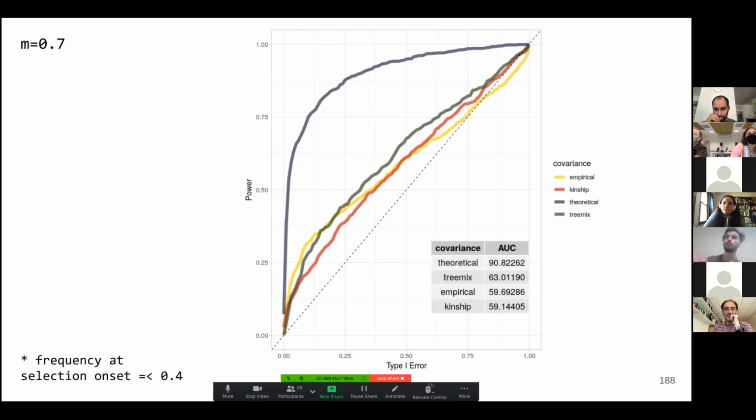How bad it works depends on how bad HFLK performs in this case with the theoretical matrix. But when we see the estimations of the covariance matrices, how bad they work is both because of the estimation of demographic history or covariance structure and because of HFLK's performance.